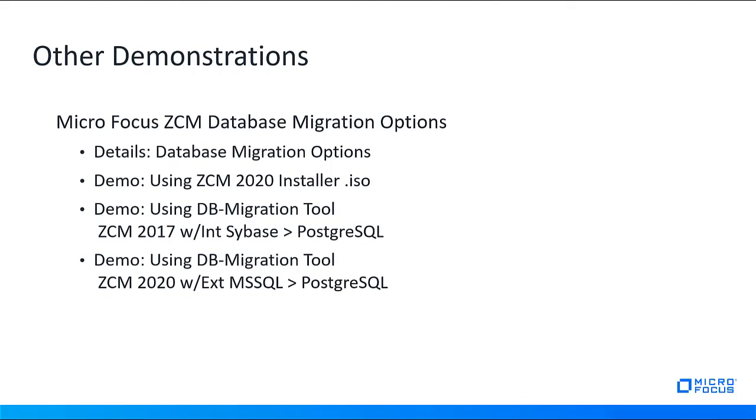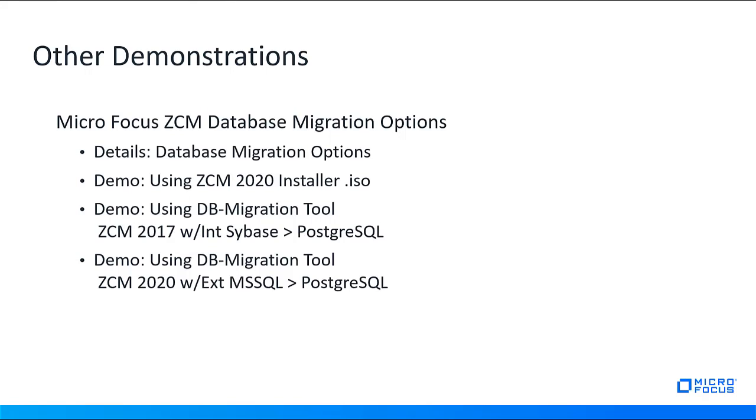Now that we've finished with the Windows platform, there are some other demonstrations you may need to be aware of. If you're still on Sybase, you can use the Micro Focus ZCM database migration tool. There's a 4-part series depending on what type of database you're migrating, but the details one is very important and covers all the migration options for databases.